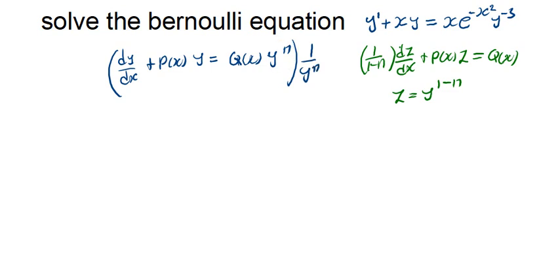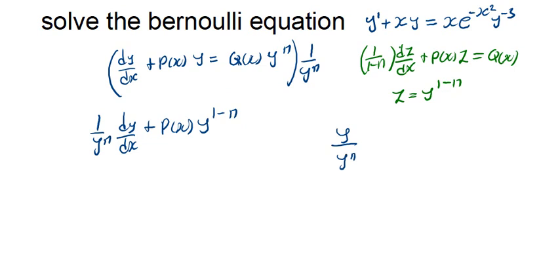I want to cancel it out. So what will happen is that I'm just going to have 1 over y to the power n multiplied by dy dx, plus p of x multiplied by y to the power 1 minus n. How the y to the power 1 minus n comes about is that I got this y and I said y divided by y to the power n.